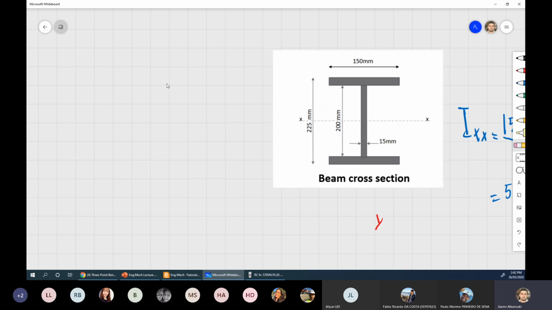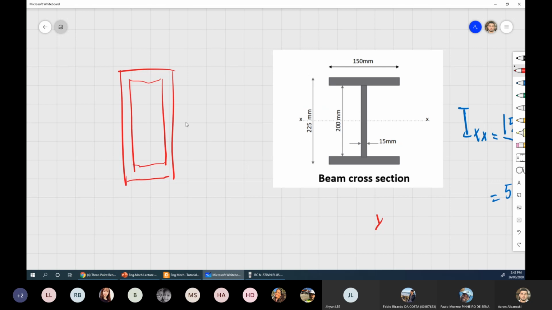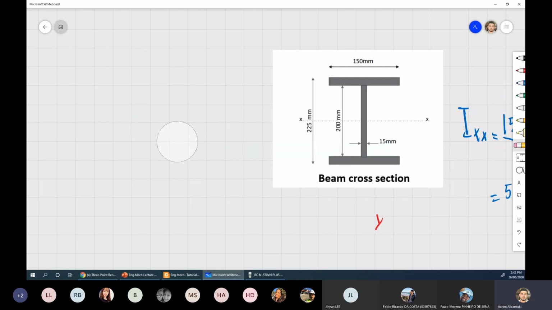Mainly these are the two sections that we deal with in structural engineering. If you notice, most of the beams are this shape or just a pure rectangle or a hollow rectangle or square. Just at least practice these shapes. That will definitely be needed in the exam.